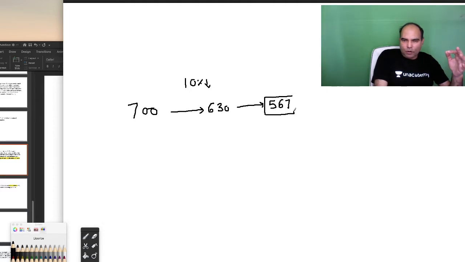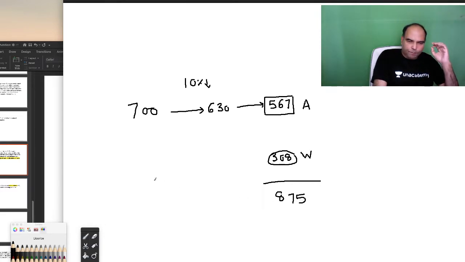This will be my final alcohol, and I have 308 of water, because the total remains 875, and I'm getting that calculation of percentage of water, so I'm back to that calculation of 308 upon 875. So this is the most efficient way of doing this question, and in this process you will not end up spending as much time as the original process that I showed you for this.